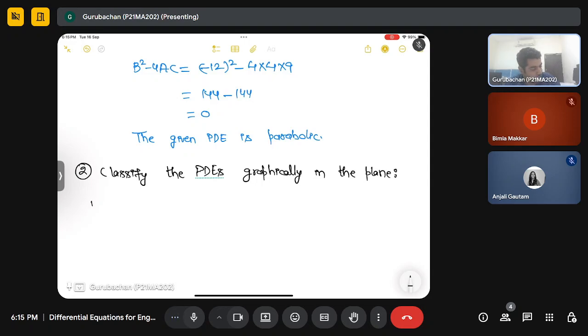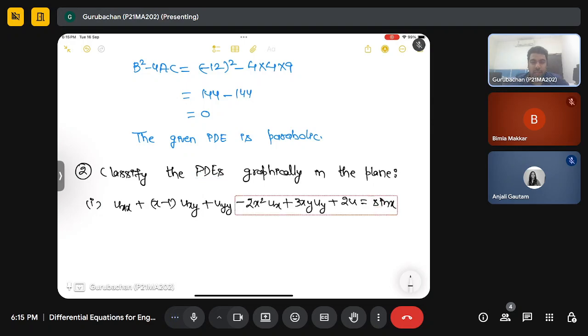First one is uxx plus (x minus 1) uxy plus uyy minus 2x square ux plus 3xy uy plus 2u equal to sin x. So this is our given PDE.